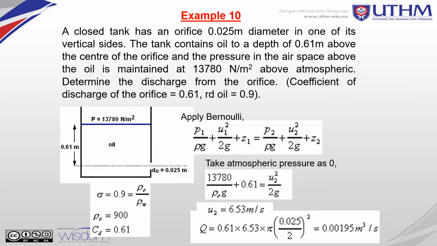Look at example 10. A closed tank has an orifice here, with 0.025 meter diameter in one of its vertical sides. The tank contains oil to a depth of 0.61 meter above the center of this orifice, and the pressure in the air space above the oil is maintained at a value above atmospheric.